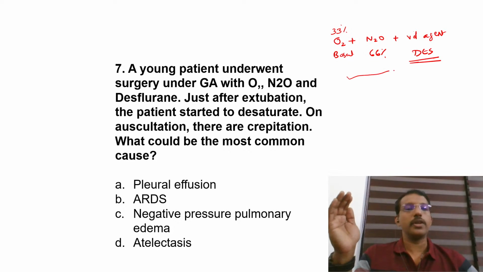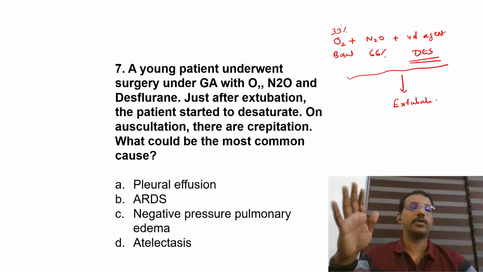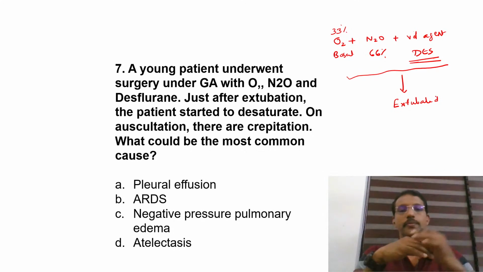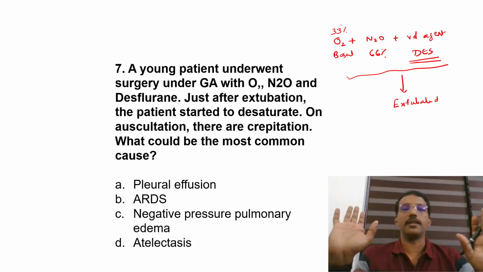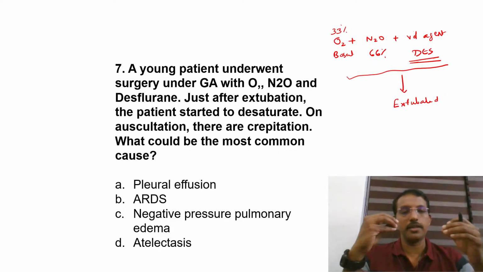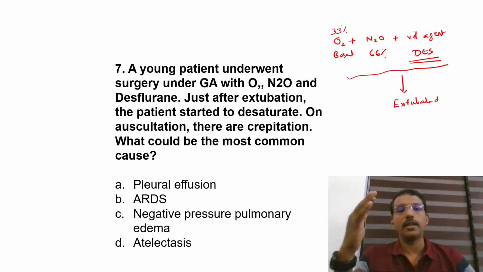So this was going on normally, and after that you extubated the patient. Surgery is over and you extubated the patient, meaning you have taken out the tube. Now after extubation you see that the patient is desaturating, meaning the patient's oxygen saturation came down.